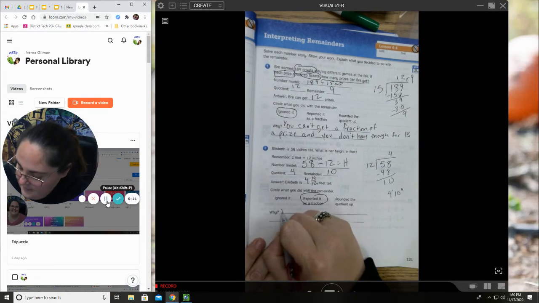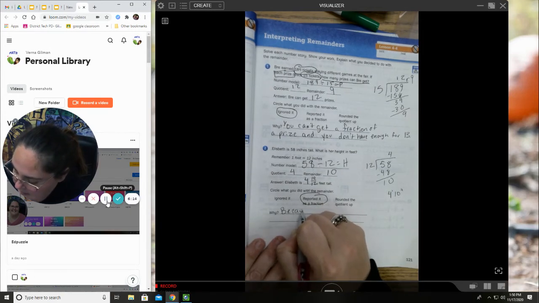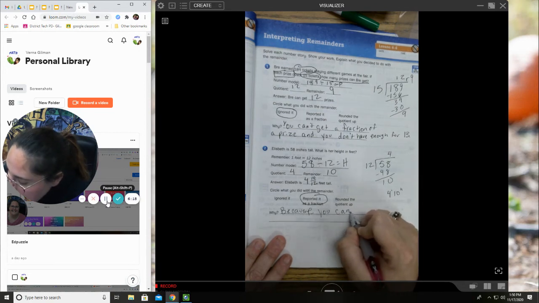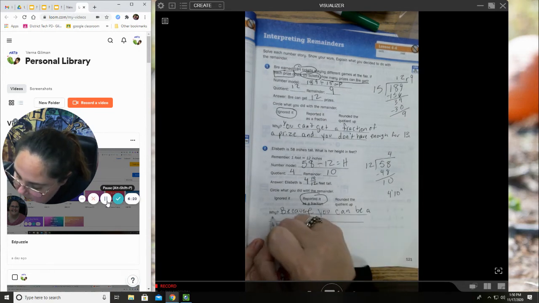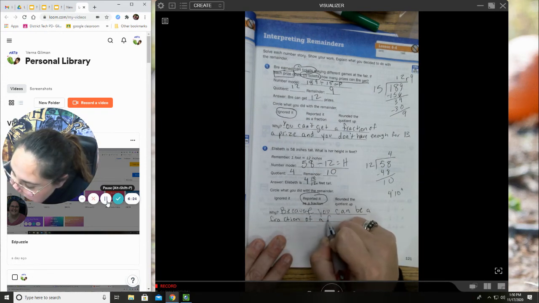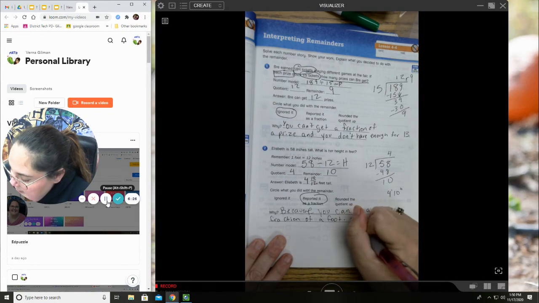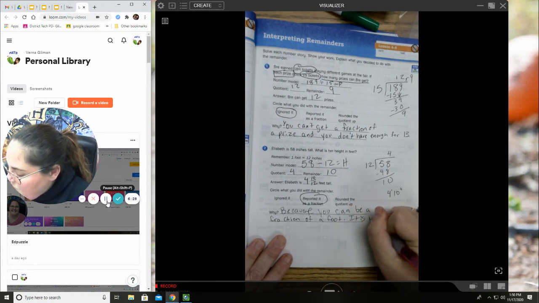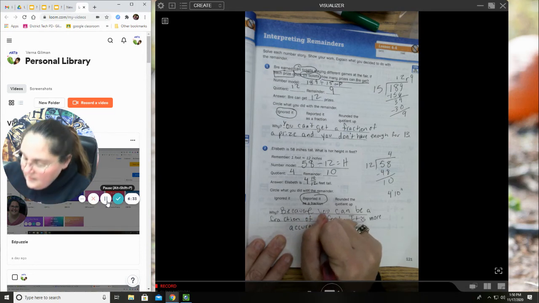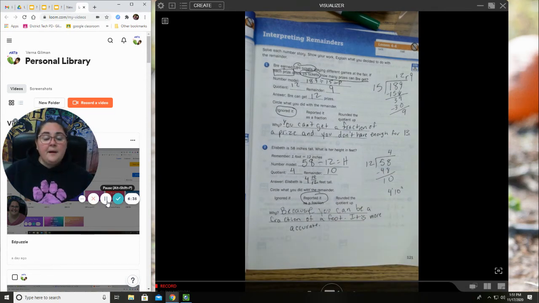Why? Because you can be a fraction of a foot. It is more accurate. The reason why I added the part about it being accurate is because if you've ever been to an amusement park, you have to be so tall in order to ride a ride, right?